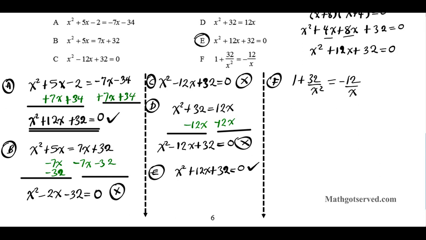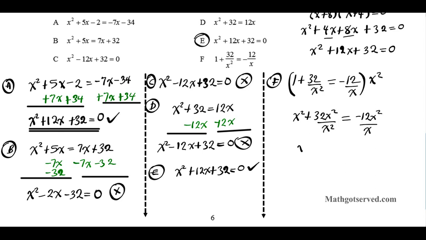Now first thing we're going to do is multiply both sides of our equation by x squared. The reason we're multiplying by x squared is because that's the LCD of the two denominators that are here. Okay, so if you multiply by the LCD, you always eliminate the denominator. So if we multiply by the LCD, we have x squared plus 32x squared over x squared equals negative 12x squared over x.